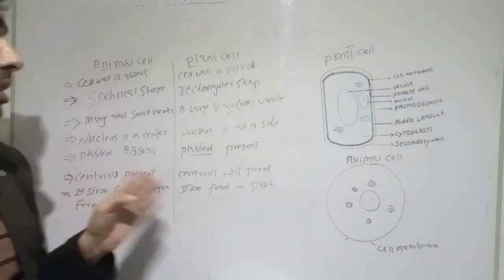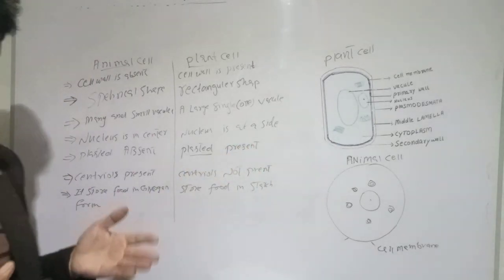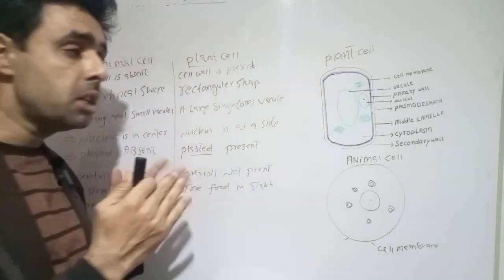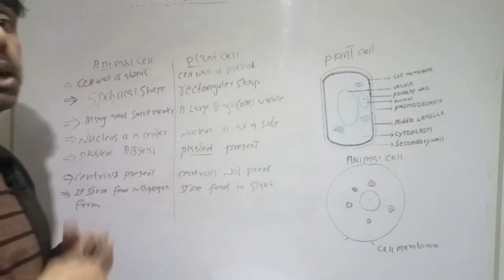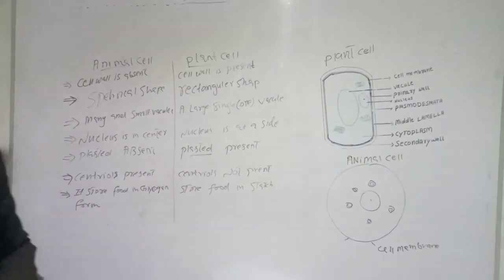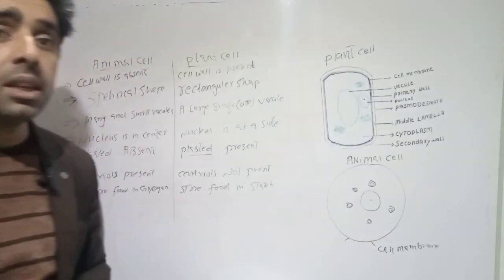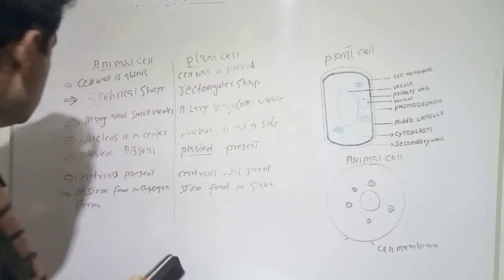The animal cell doesn't prepare food, but it eats prepared food. Now how do they store food? The plant cells store food in the form of starch, while the animal cell stores food in the form of glycogen.